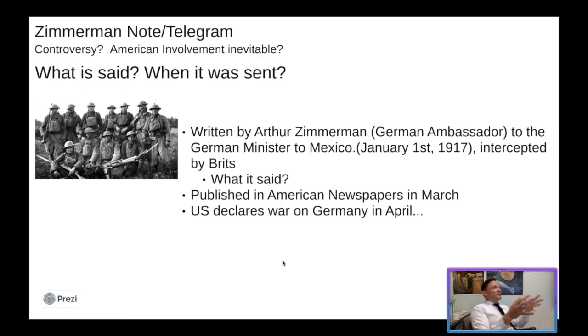Arthur Zimmerman sent a telegram to the German ambassador in Mexico, right? Sent it to him on January 1st, 1917, and apparently it was intercepted by the Brits, right? It was a telegram, so it was going through actual telegraph lines, and what it apparently said was it was trying to convince Mexico to invade the United States to prevent them from going into Europe and stopping the Germans' last push to try and end the war, right?